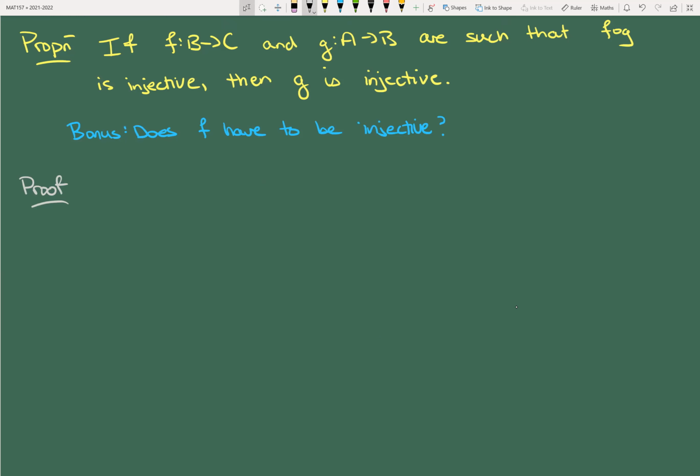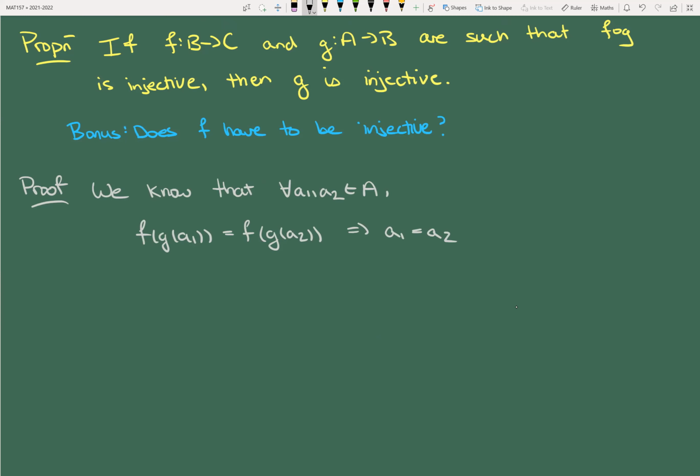Okay, so what we know. We know that for all A1 and A2 in A, if f of g of A1 equals f of g of A2, then A1 is equal to A2. This is our only tool. It's the only asset we have.